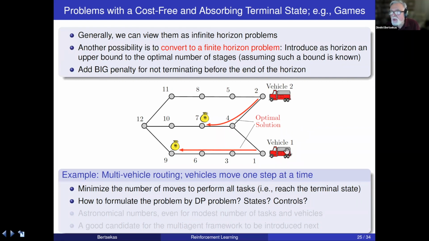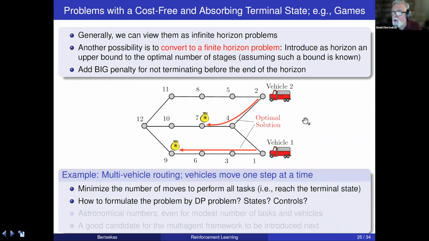That's certainly useful information for future optimization. We also need to know how many tasks there are as well as where they are. So that's also useful from the point of view of future optimization in moving the vehicles around. So very quickly, the number of states becomes astronomical. It's exponential in the number of vehicles, exponential in the number of tasks.